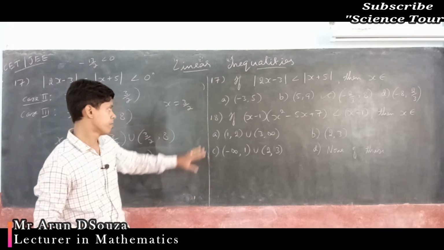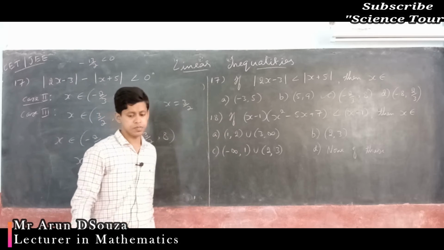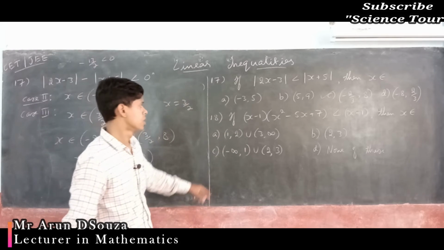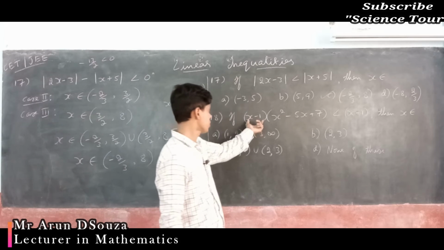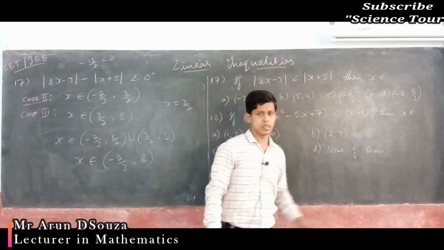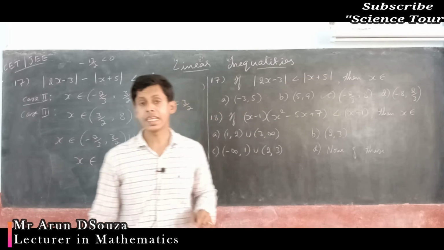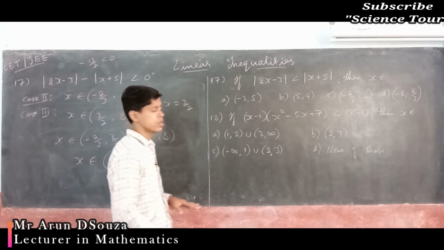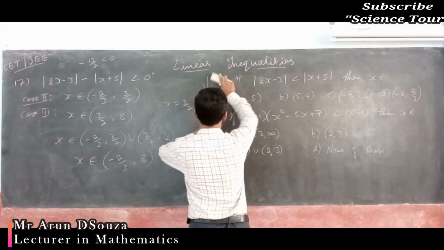Well, look at this question. This question is very interesting because this is x minus 1 and even this is x minus 1. That's a hint for you. So you have an easier method.